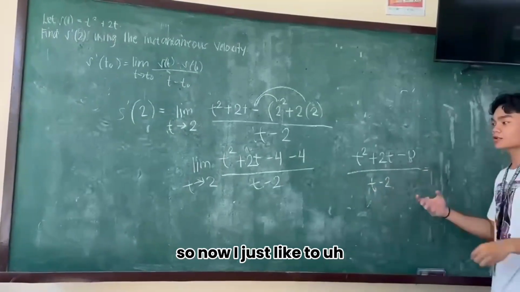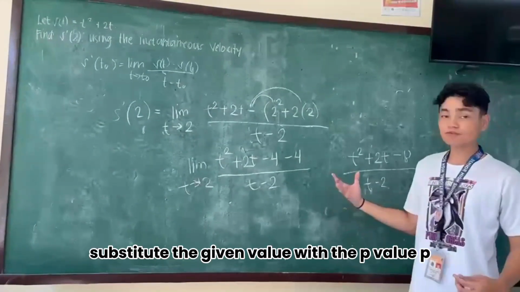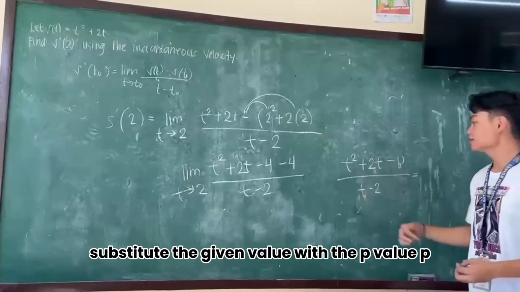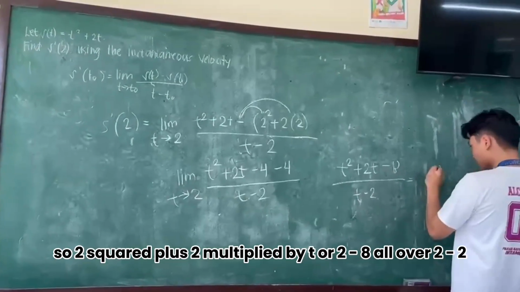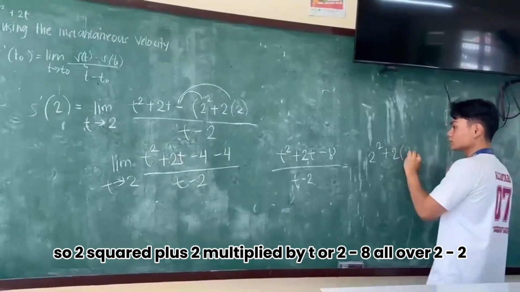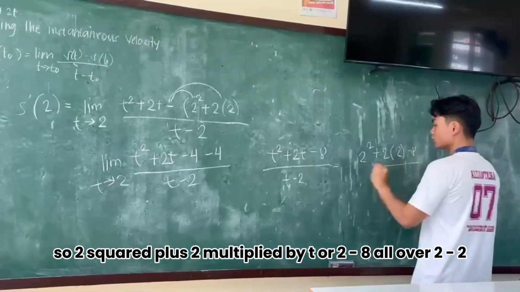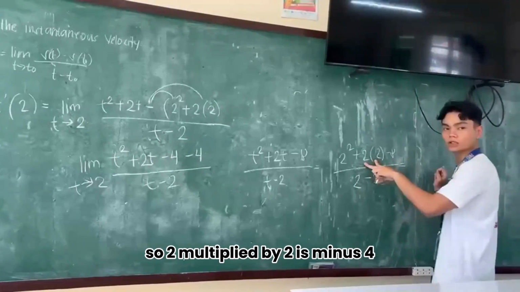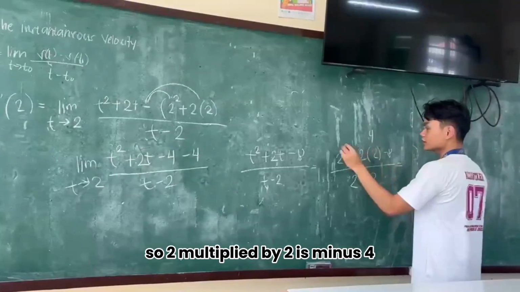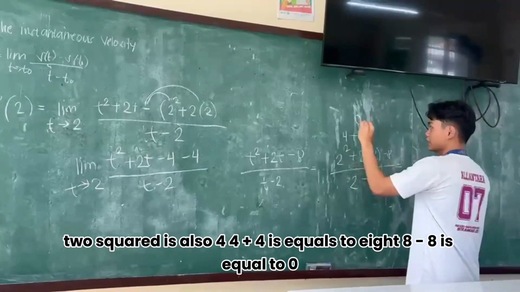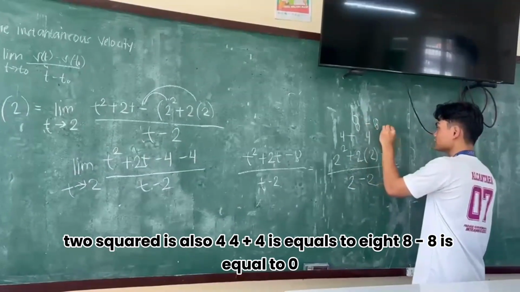So now, let us substitute the given value into t. 2 squared plus 2 multiplied by 2 minus 8 all over 2 minus 2. So 2 multiplied by 2 is 4. 2 squared is also 4. 4 plus 4 is equal to 8. 8 minus 8 is equal to 0.